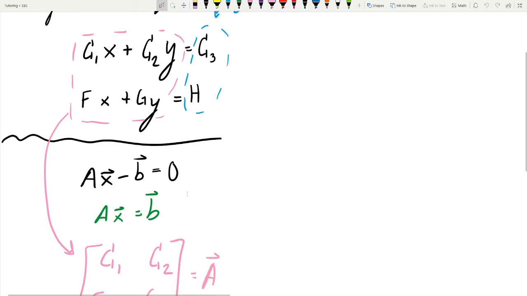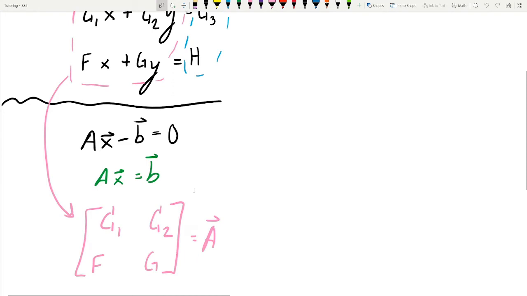And A is always going to just be those constants that are in front of it. And it's going to be the number of variables you have and the number of equations you have.